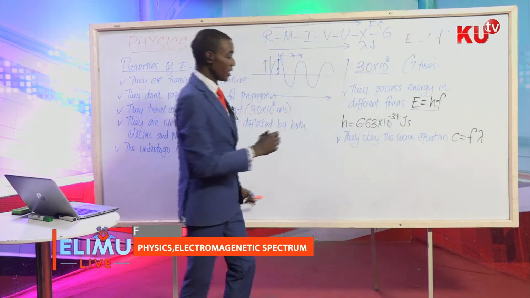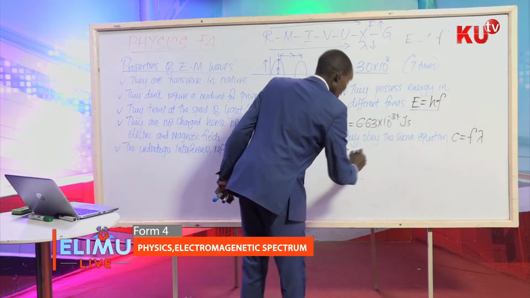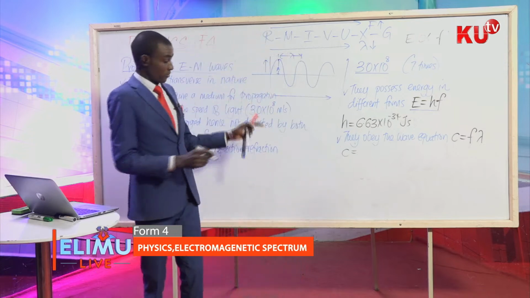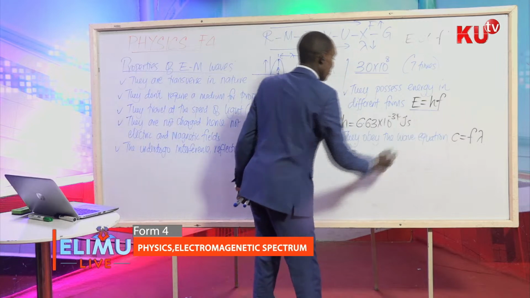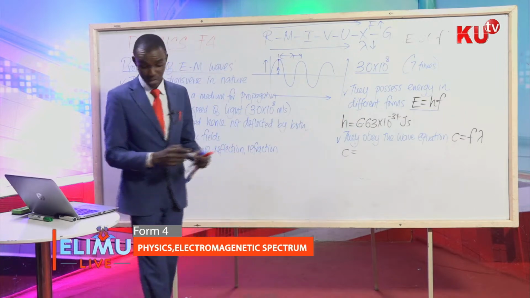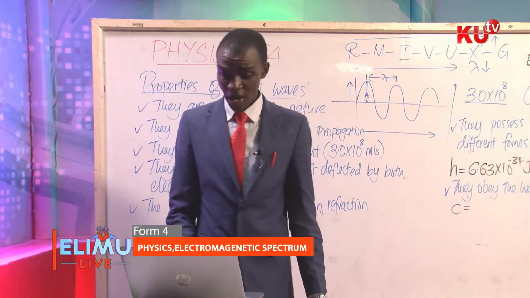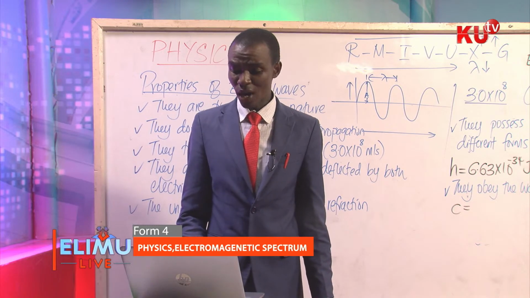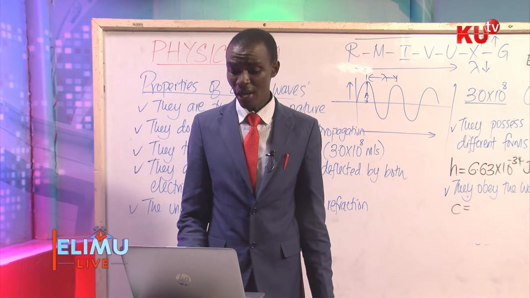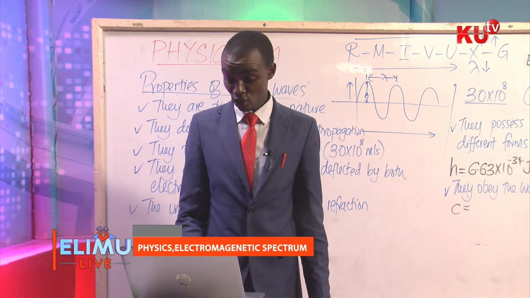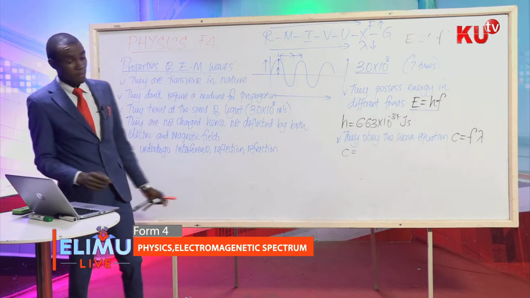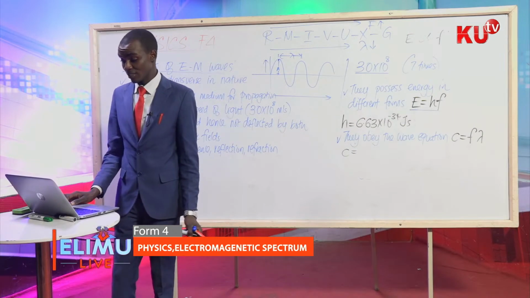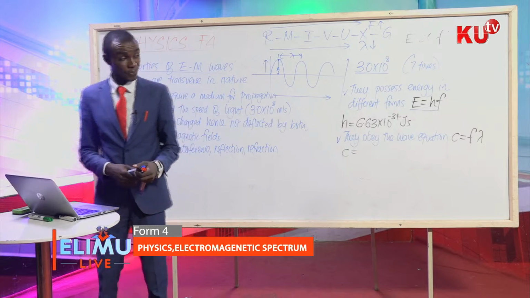Here, c is what we call the speed of light, and we've just said that it is 3.0 times 10 to the power 8. f is the frequency and lambda is the wavelength. Now, I want us to do a quick example and see how we can apply those two formulas. The first one is E equals hf, and the second is c equals f lambda.